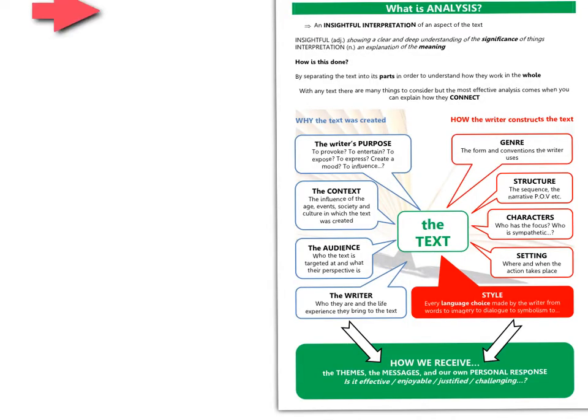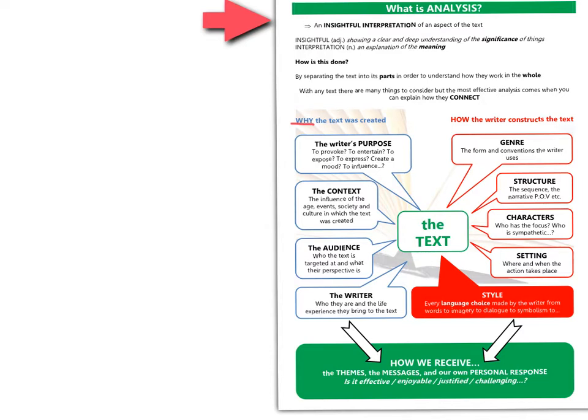So, what is analysis? Analysis is being able to interpret aspects of a text. And when you interpret a text, you want to put things into two categories. Firstly, you want to establish why the text was even created, why it was written.